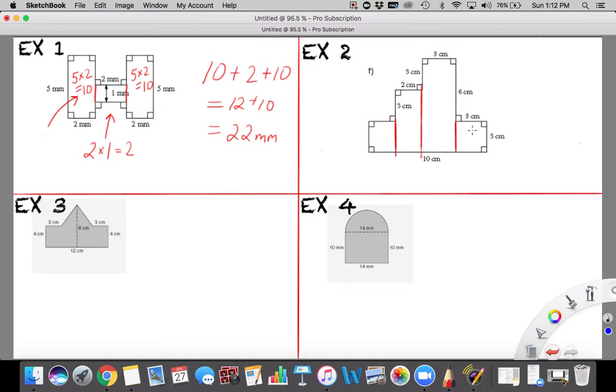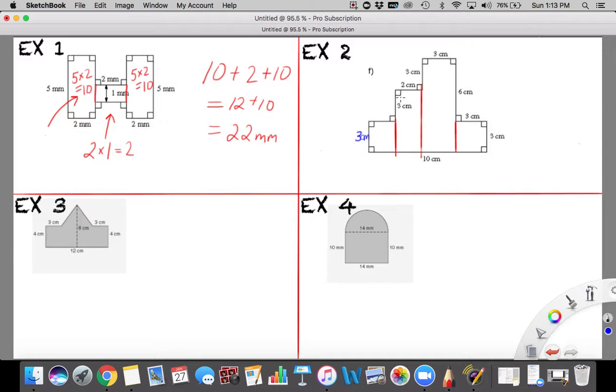Now notice, remember the opposite sides, and this is where some of the rules come into play. The opposite sides of a rectangle and a square are the same. So if this right here is 3 centimeters, then this side right here is 3 centimeters. Now if this entire side is 10 centimeters, then from here to here is 10 centimeters.